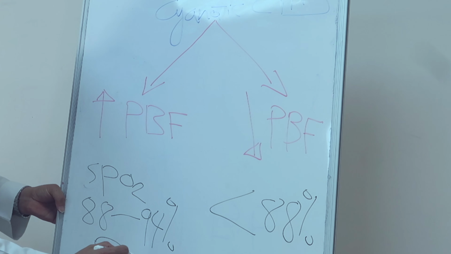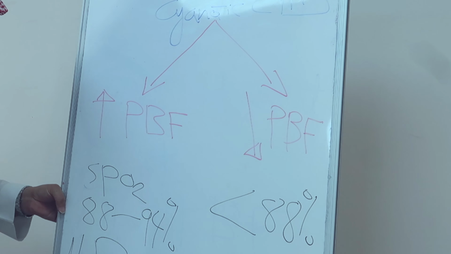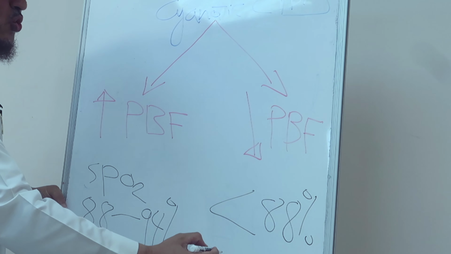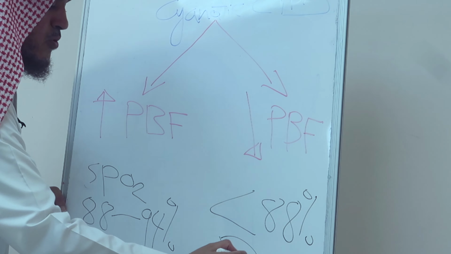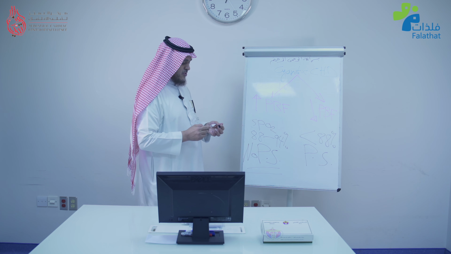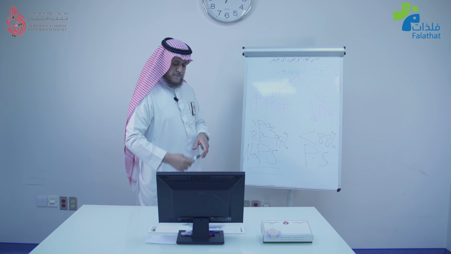So here there is no PS, while on the other side there is usually valvar pulmonary stenosis, or PS as we would abbreviate in our talk.